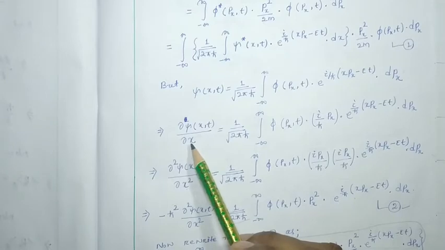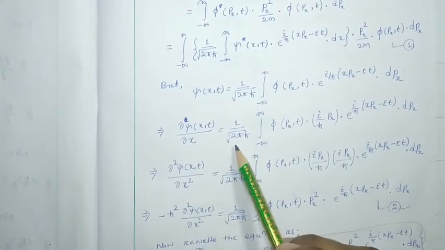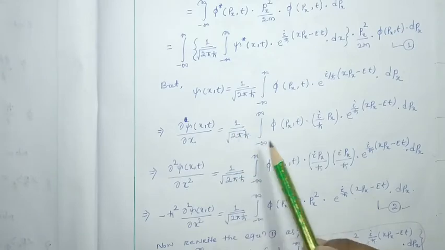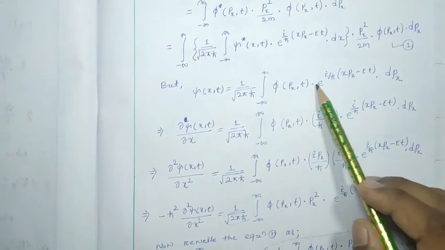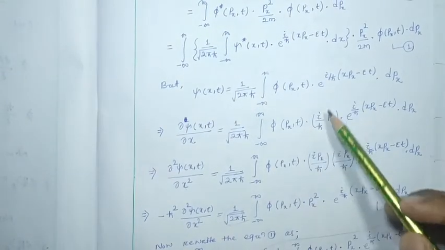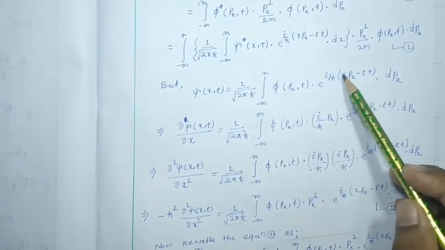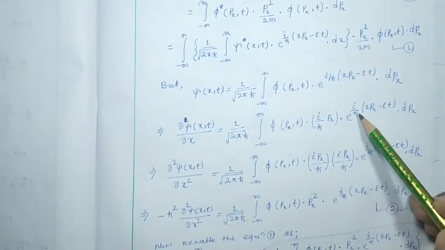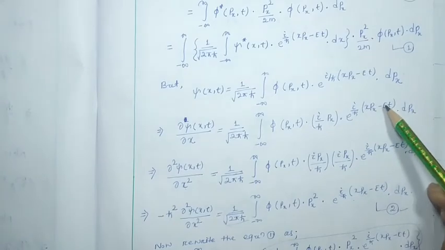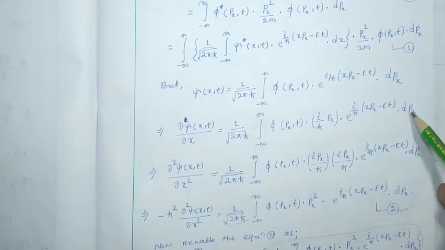How much can we get? 1 by root over 2 pi h cross, integral from minus infinity to infinity of phi (px, t). If I take the derivative with respect to x, it will be i by h cross px into e to the power i by h cross (x px minus E t) dpx.